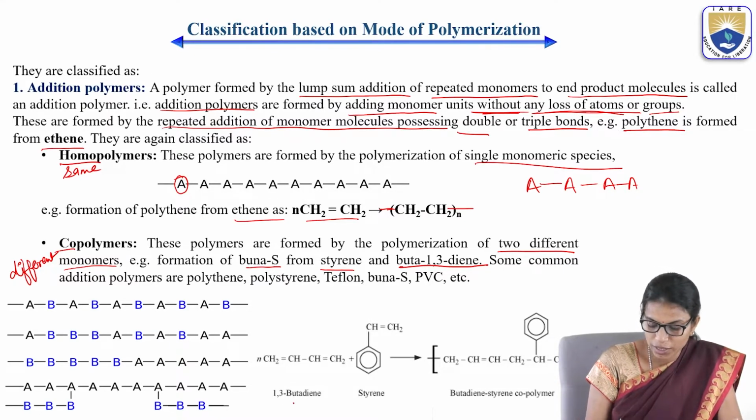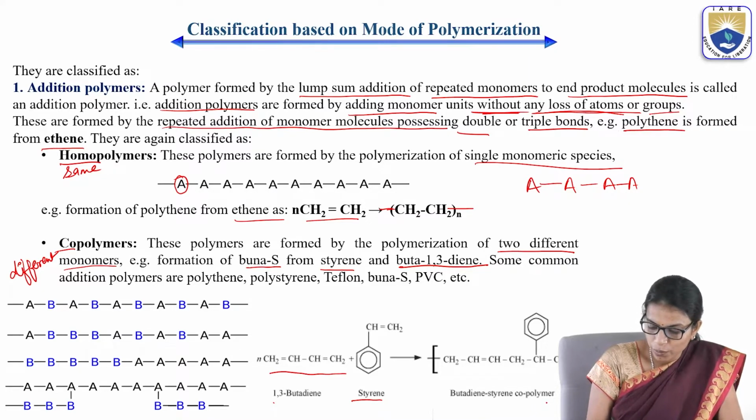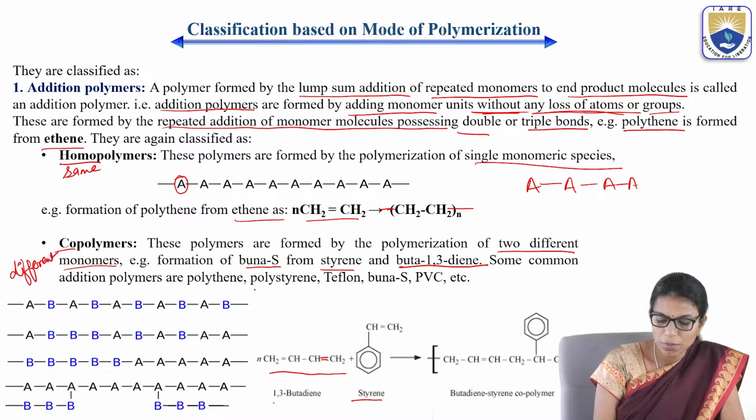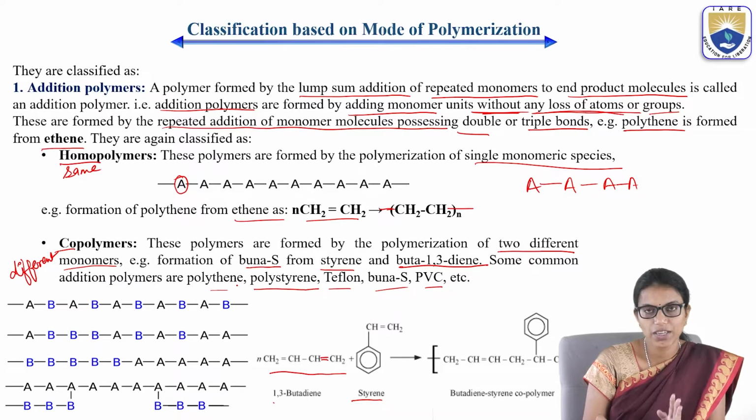For example, here we have given the example 1,3-butadiene, and this is styrene. Here Buna S is formed. Here a double bond is mandatory because it is an addition polymer. Some common addition polymer examples are polystyrene, Teflon, Buna S, PVC, polythene. These all are examples of addition polymers.